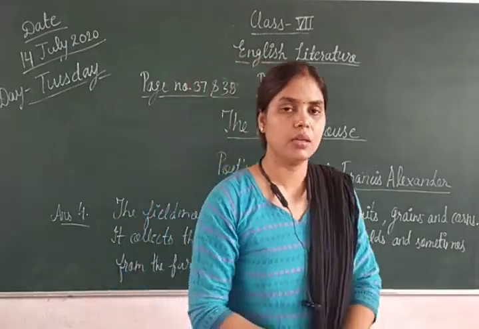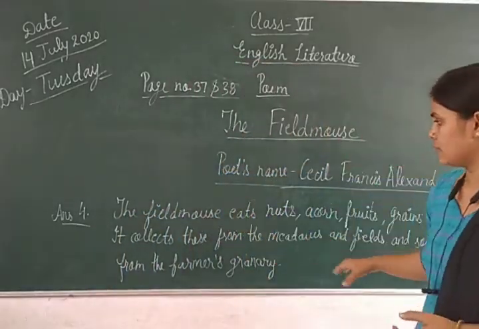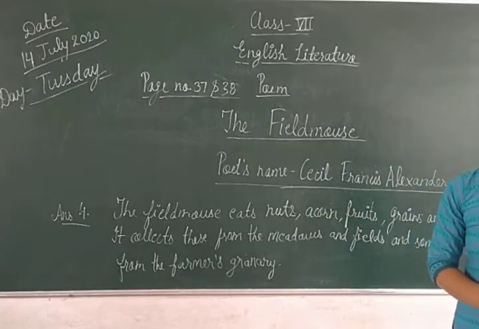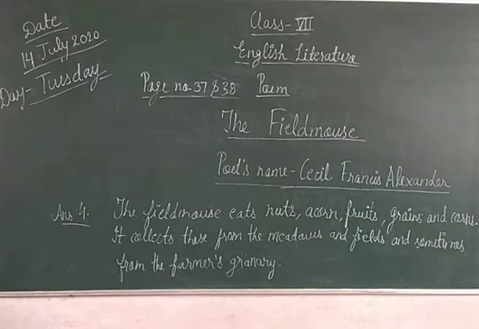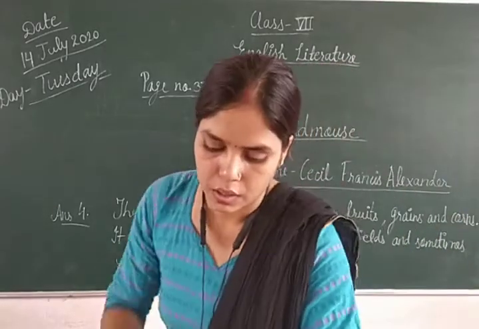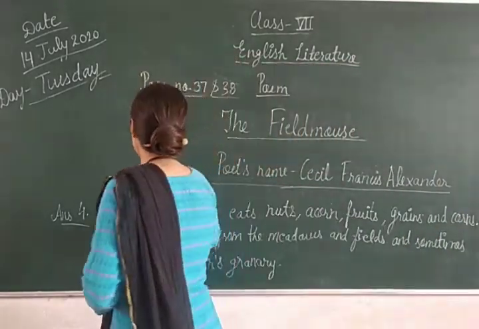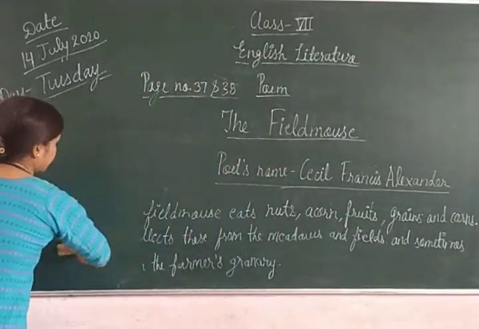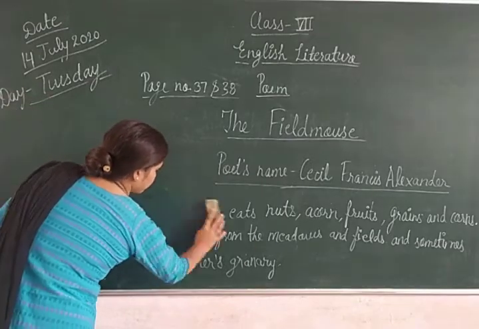So I'll give you the answer. Just note down this answer. The field mouse is answer number 4. Now the next question. I'll write that answer on the board. All right. So that is the reference to the poem.